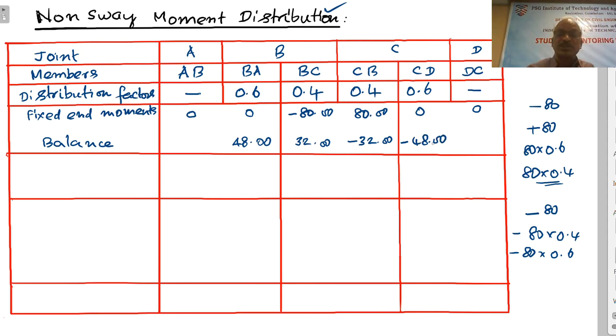So we have balanced joint B and C. Now whenever there is a balancing, if the opposite end is fixed or continuous, there will be carryover. If it is simply supported, no carryover, right? So here next step is that of carryover.